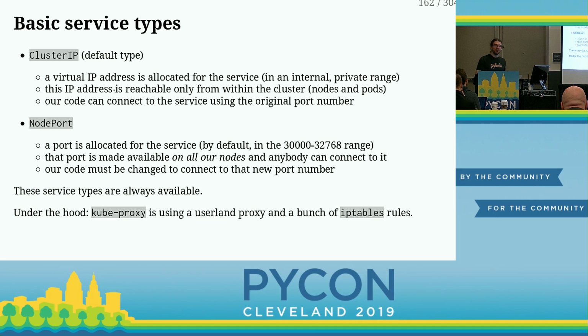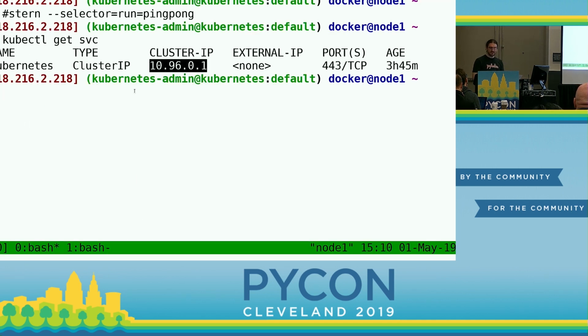Then we have node port. Node port is a kind of basic building block for external communication. When I create a node port service, I still have a cluster IP that I can use internally, but I also get a node port. So it's a port between 30,000 and 32,768 allocated for my service.